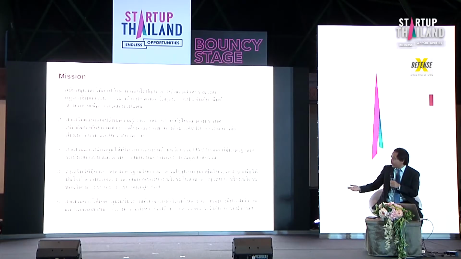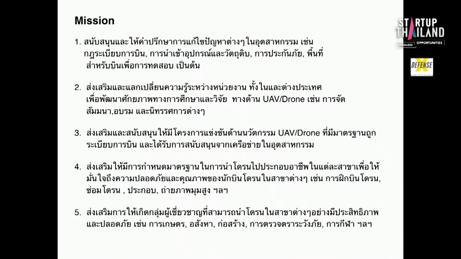So that's why we came up with the concept that we would like to help all the researchers, schools, and universities to solve this kind of problem. And the next one is to ensure the standard of each organization, for example each drone operator in aerial photography has their own standard. And the last one is to encourage the use of drones in various industries.